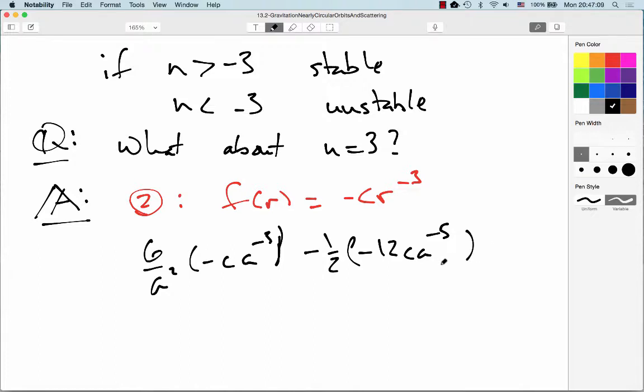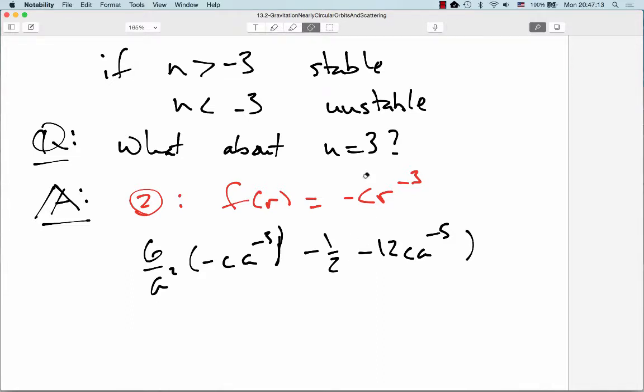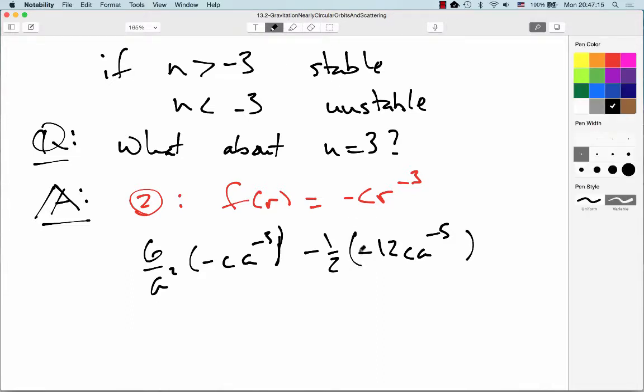And if we go and take a look at that, minus and minus becomes a plus, that becomes a 6, and we work that through. This is a to the negative 5, so this is minus 6c a to the negative 5, this is plus 6c a to the negative 5, that's 0. All right then.